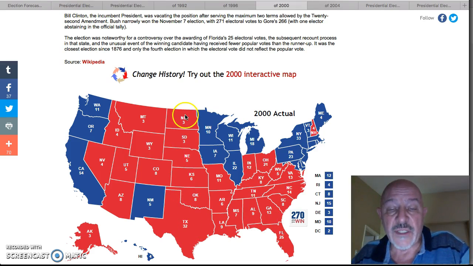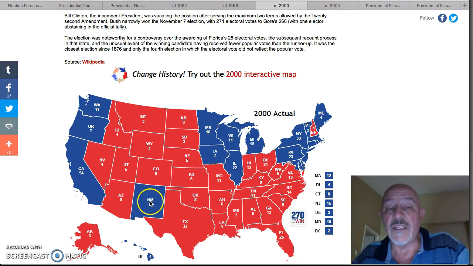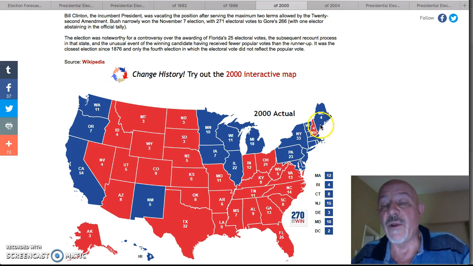The central states all went Republican, and the western states, with the exception of New Mexico. The Pacific Coast went to the Democrats, as did the Midwest, with the exception of Indiana and Ohio. And then Pennsylvania and the Northeast states went to the Democrats, with the exception of New Hampshire.